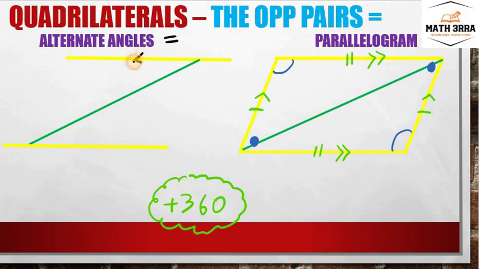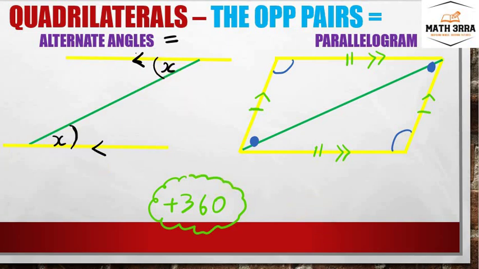Whenever we have two parallel lines and a transverse line between them, the angle between the first parallel line and the transverse line is equal to the angle between the other parallel line and the transverse line. That's what alternate angles are.